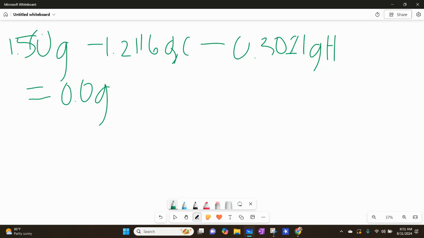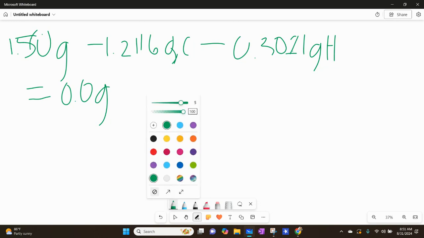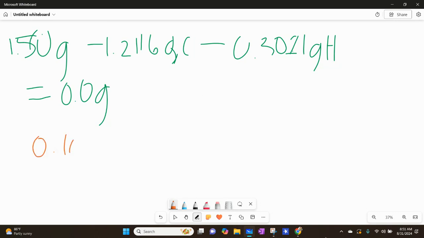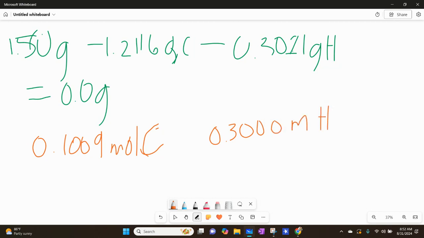So let's see how much of each we have. We had 0.1009 moles of carbon and we had 0.3000 moles of hydrogen. Now, when we look at these two numbers, we can tell which one's smaller, our moles of carbon. So we're going to divide everything by the moles of carbon.